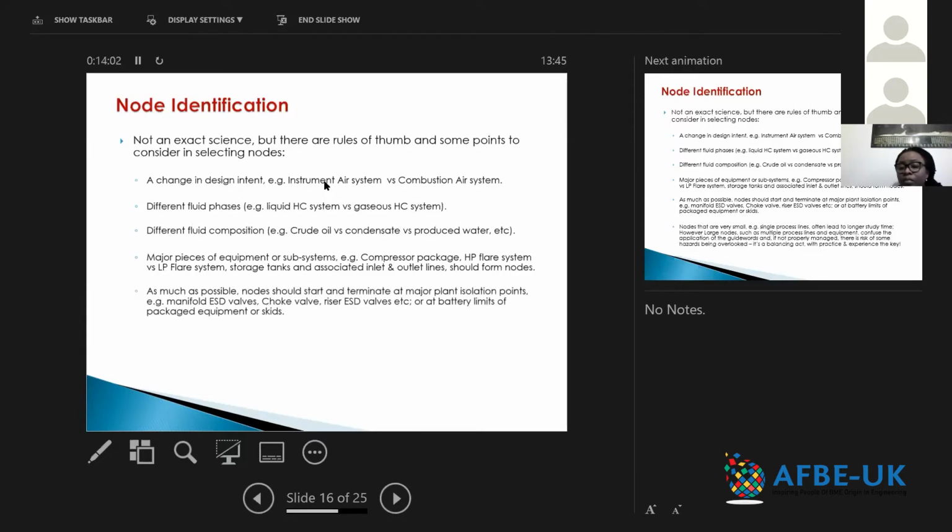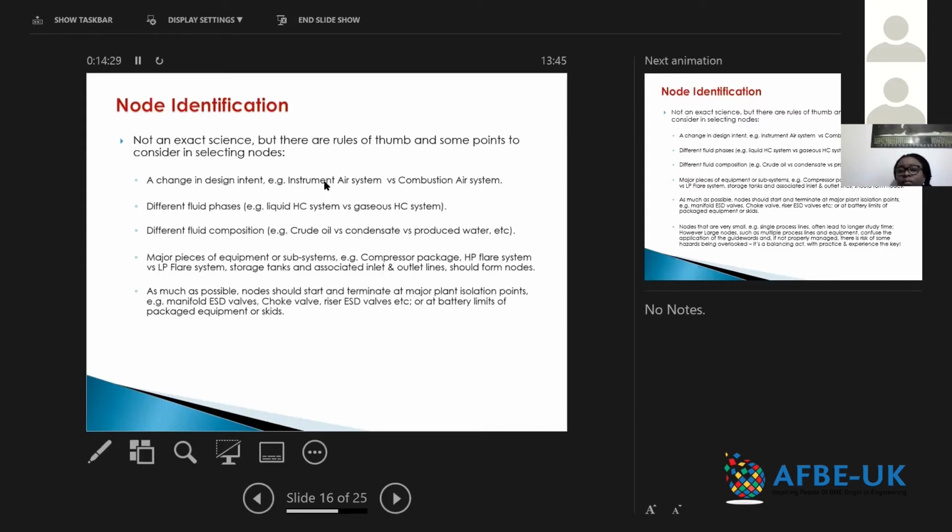A piece of advice: as much as possible, your node should start and terminate at major plant isolation points. For example, your manifold ESD valves, or certain plant shutdown sectioning valves as they call them. Your node should start and end at these sectioning valves as much as possible. Maybe your choke valve at your wellhead, your riser ESD valves.